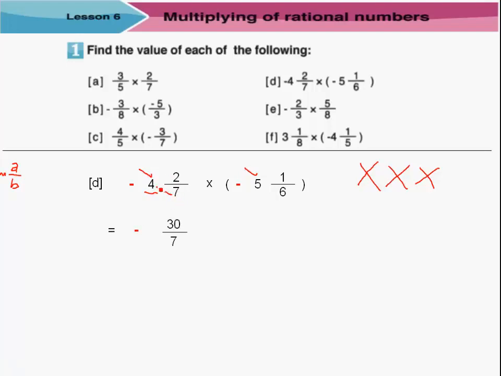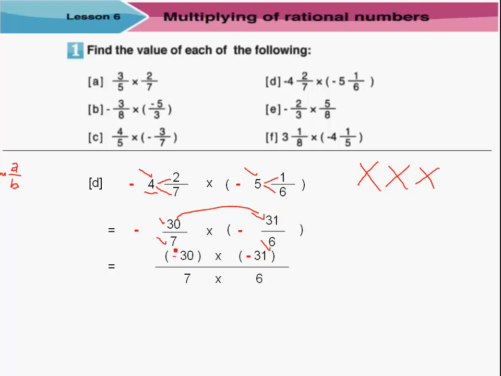You can multiply 7 times 4 equals 28, plus 2 equals 30, over 7, times this minus sign. Also here it must be in the form A over B, so multiply 6 times 5 equals 30, plus 1 equals 31 over 6. Now it is a normal equation, where we multiply the numerators together: minus 30 times minus 31 over 7 times 6.